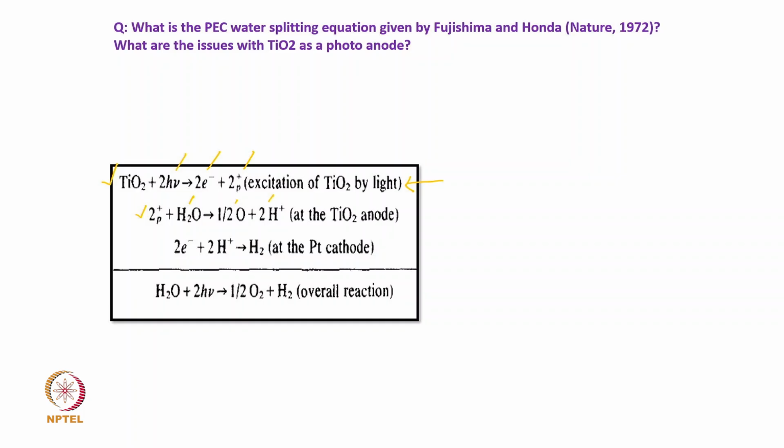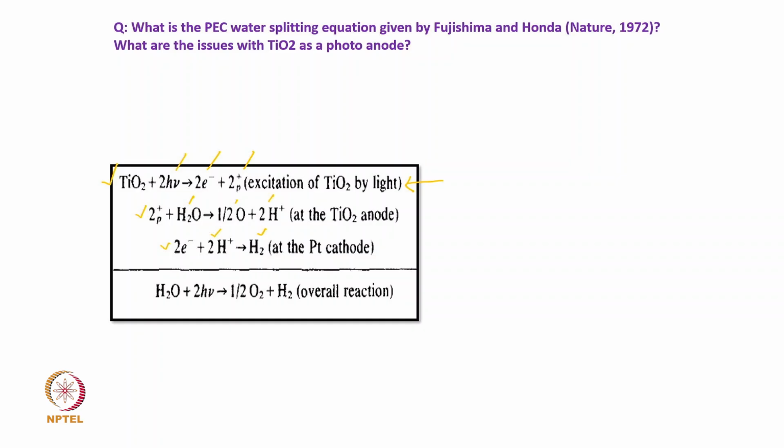And then the electrons which are produced here interact with the H plus ions and produce hydrogen at the platinum cathode. So, just now I have shown you schematically how it is happening when we have an n-type semiconductor and a counter electrode which is a metal, say platinum.